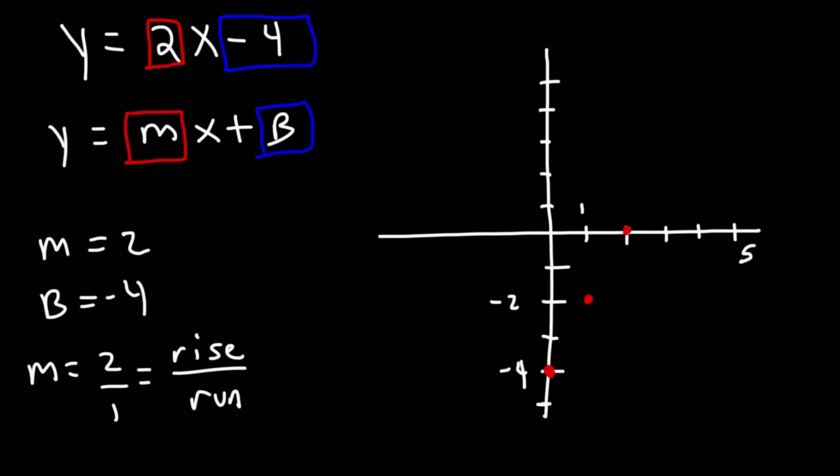The x-intercept is the point of the graph that touches the x-axis, because on the x-axis, y is 0. The y-intercept touches the y-axis. So this point is 0, -4. It's the y-intercept because x is 0, and this is the x-intercept because y is 0.